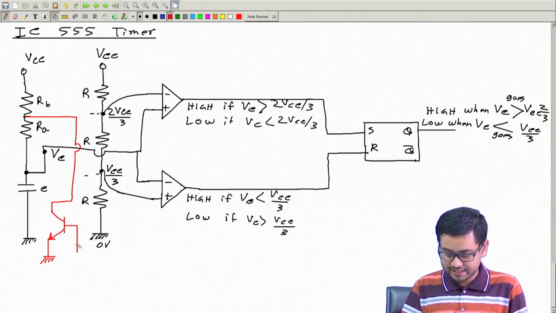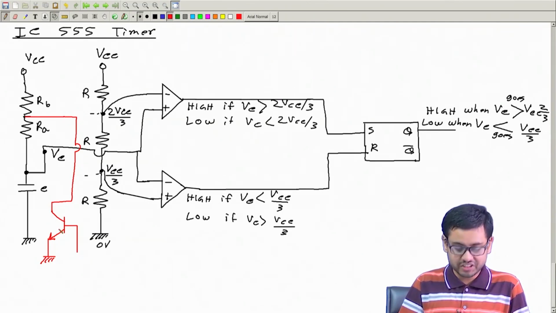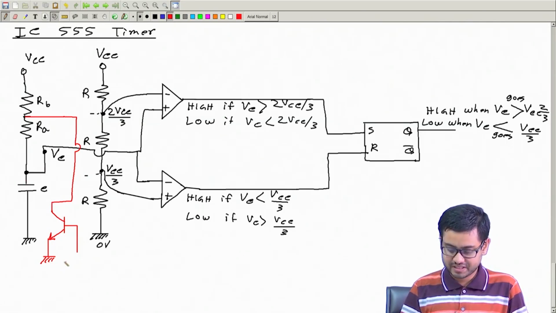And if I give nothing or a low voltage at the input, then the base voltage is low and this will act like an open circuit. So this is not connected, and the capacitor will charge.